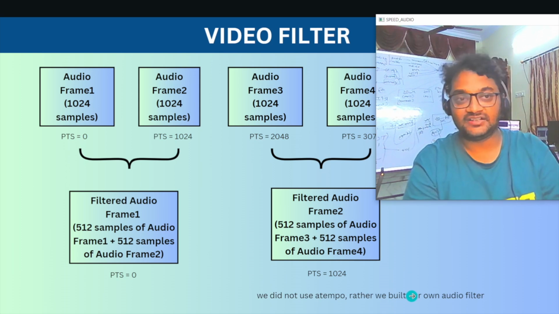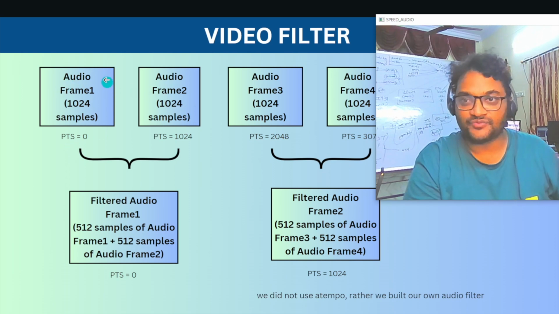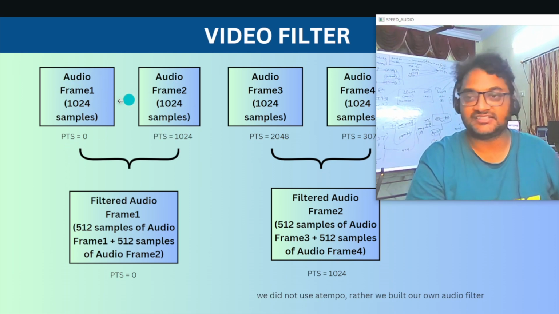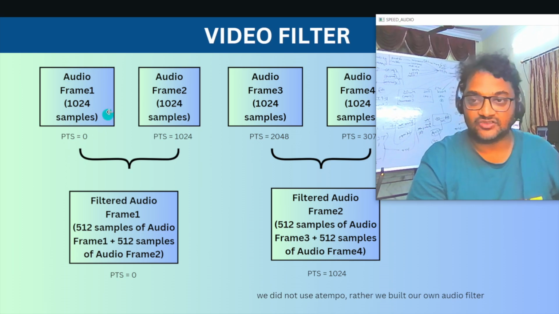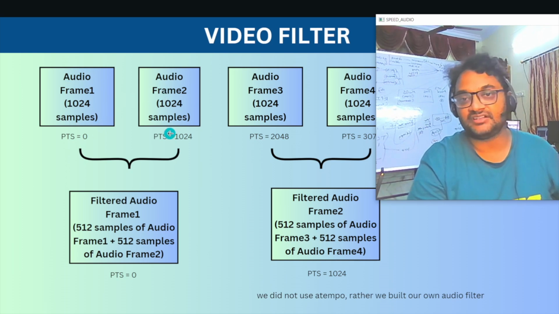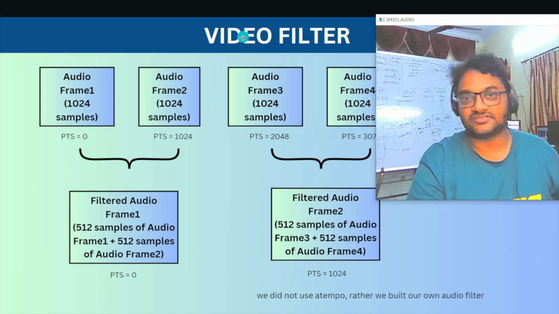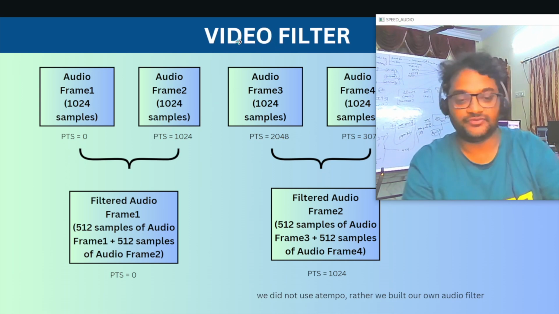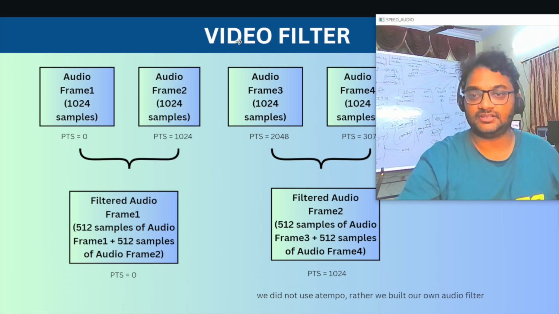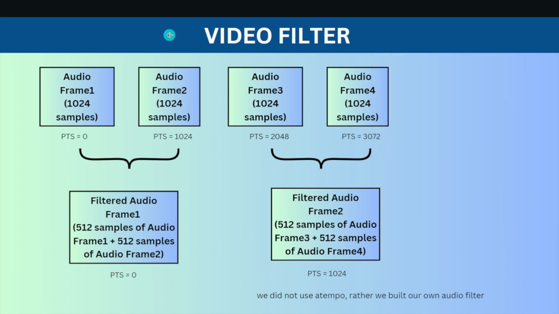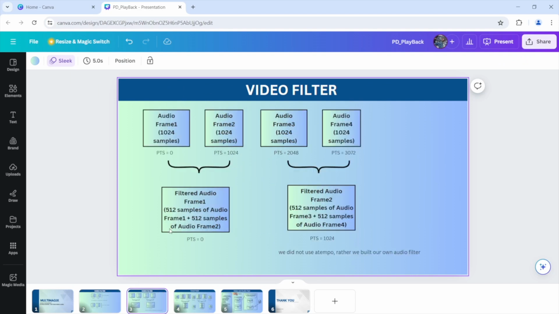So here we have audio frame 1 and audio frame 2. Let's say this frame contains 1024 samples and this frame contains 1024 samples. My bad, this is not the video filter, this is the audio filter. Let me quickly change it.